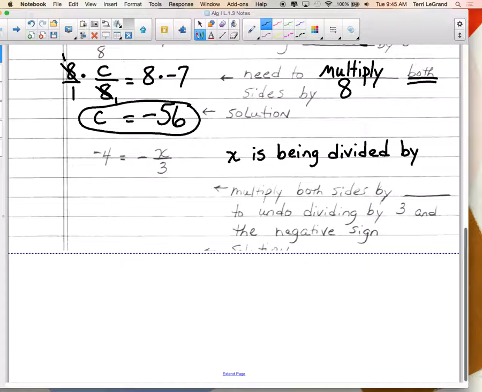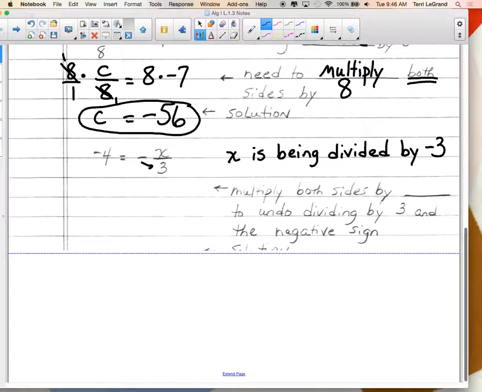So let's give this negative sign, just put a little arrow like that. We're going to give it to the 3, and so we're going to say x is really being divided by negative 3. We can't give it to both, so we decide which one would be better to give it to. And then what do we do to both sides to undo that dividing by 3 and that negative sign we just gave to that 3?